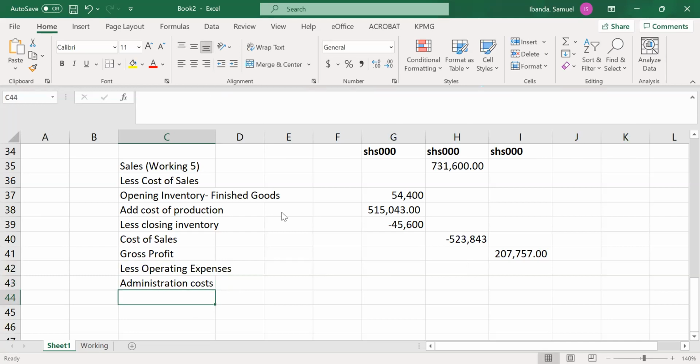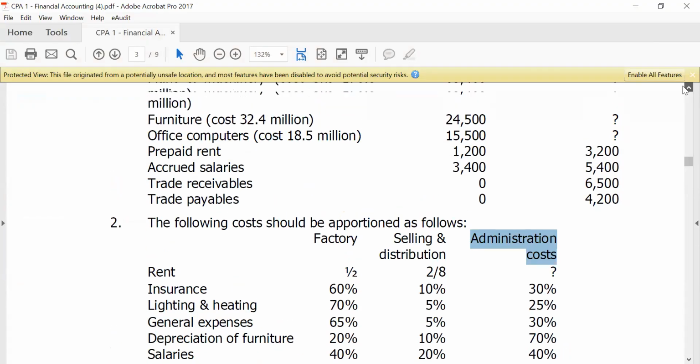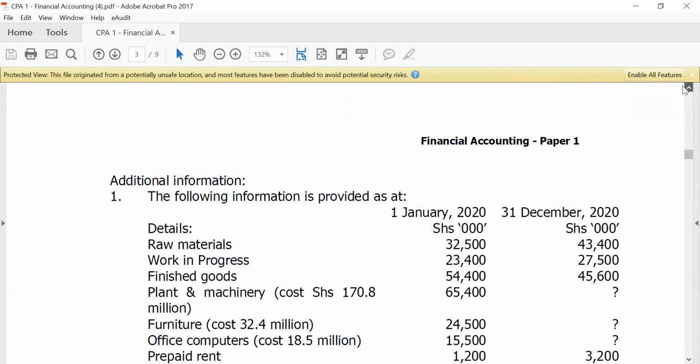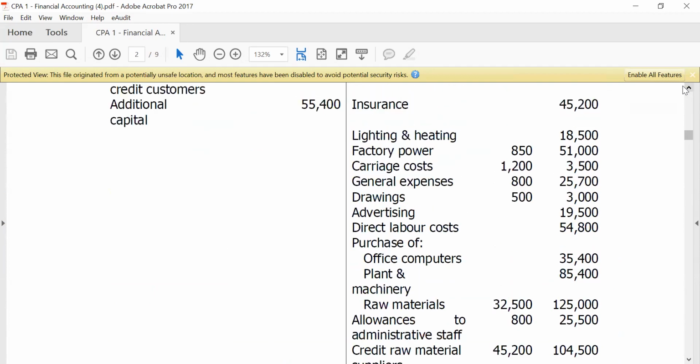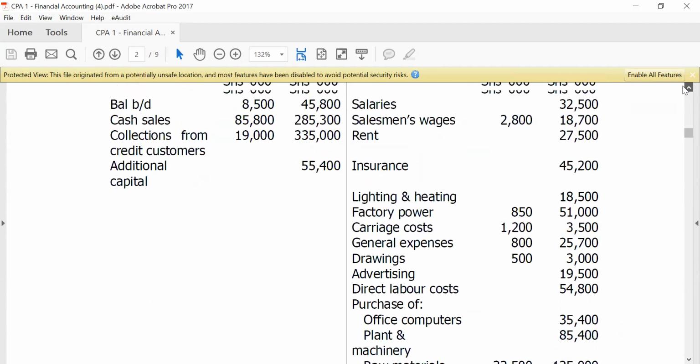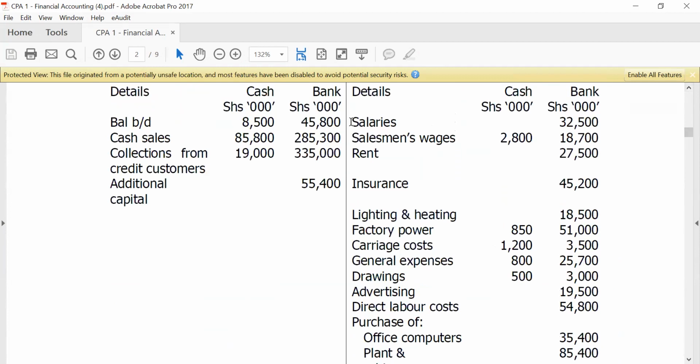So administration costs, how do you find the administration costs? Let's just start from our so-called cash book and get all the administration costs. So salaries also had administration costs onto them. So salaries is our first expense.